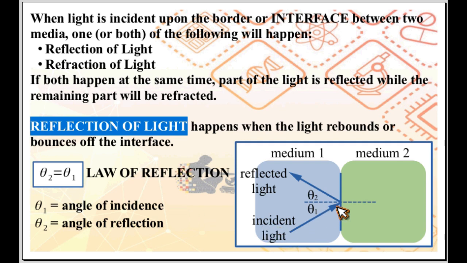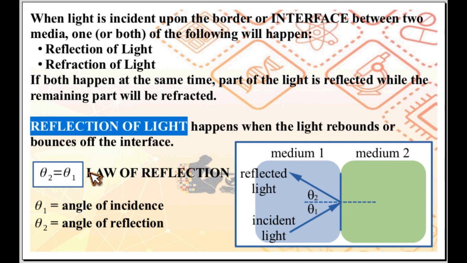The light will bounce off or rebound or reflect off the interface. You have reflected light. The reflected light has angle theta 2 with respect to the normal line. Theta 2 is referred to as the angle of reflection.